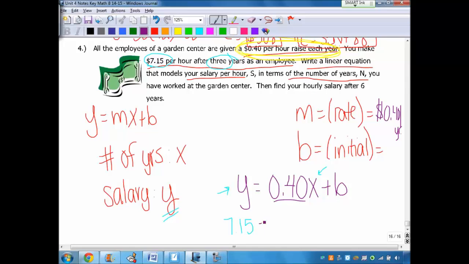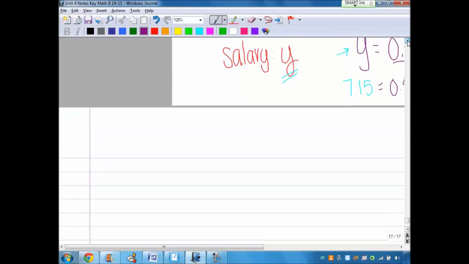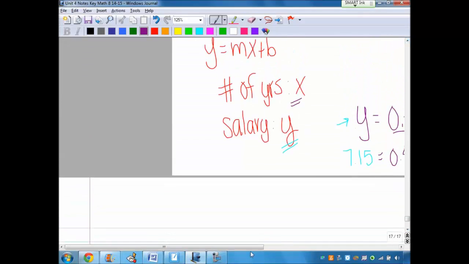And then the number of years is your x. So in this problem, it's 3 years. So I'm going to say times 3. So I'm going to replace the 3 right inside of here, okay? And then I'm going to solve for b. Well, in order to solve for b, I have to multiply 0.4 by 3.